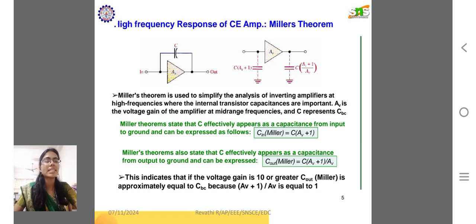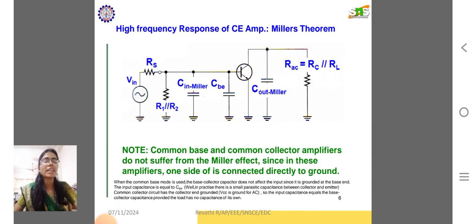Miller's theorem states that C effectively appears as a capacitance from input to ground and can be expressed as follows. Miller's theorem also states that C effectively appears as a capacitance from output to ground and can be expressed as follows. This indicates that if the voltage gain is 10 or greater, C out Miller is approximately equal to CBC, because AV plus 1 divided by AV is approximately equal to 1.